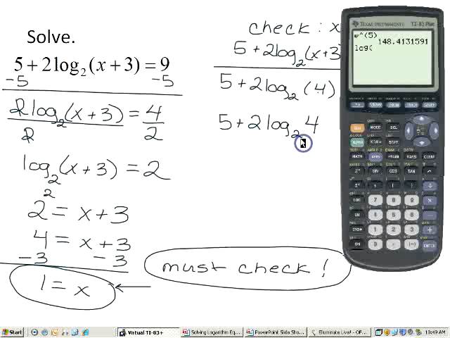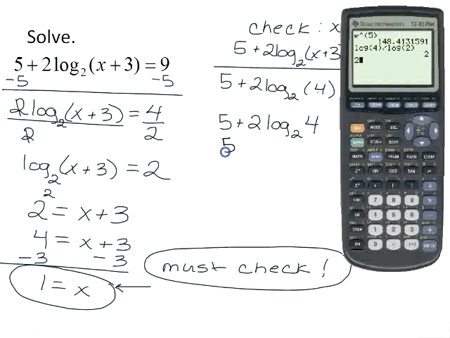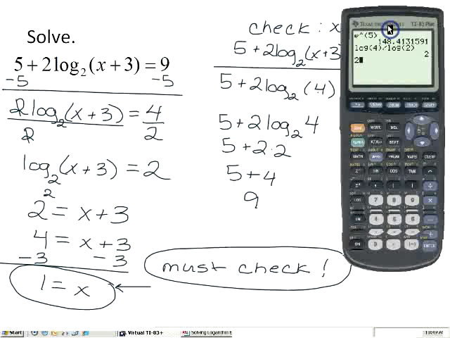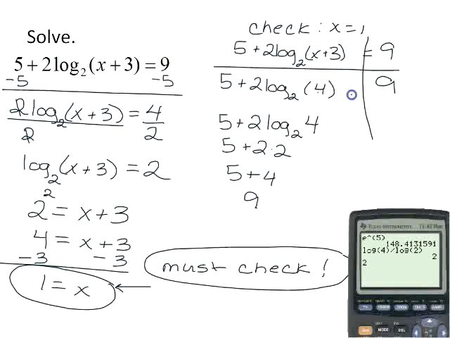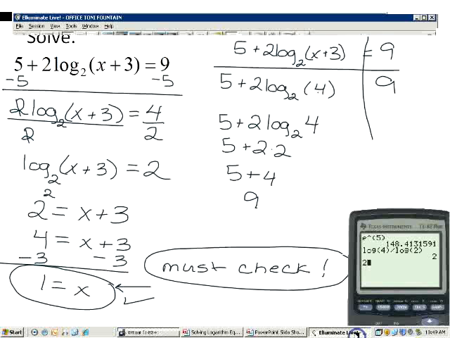I can get this in my calculator or in my head. The log base 2 of 4 would be the log of 4 divided by the log of 2, using the change of base formula, which is 2. So this is 5 plus 2 times 2, 5 plus 4, which is 9. And on the other side of the equation, the 9 is what you have. So it does check.